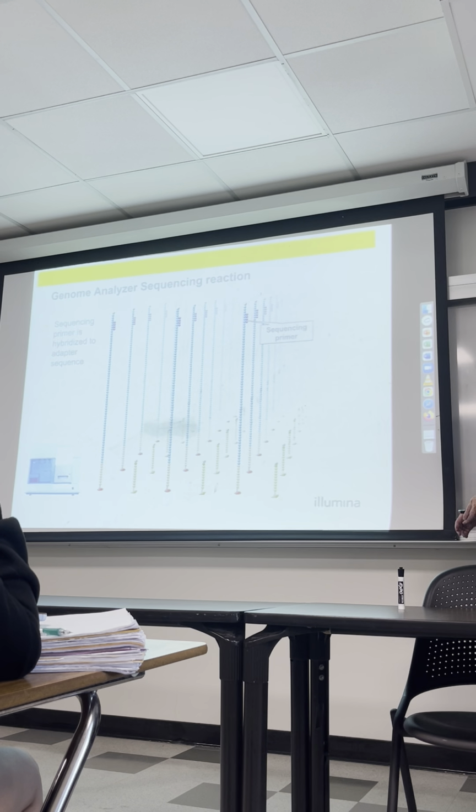Now, the strong point is every single one of these is exactly the same sequence. So you're not trying to sequence multiple different things in a small area. Everything in one of those tiny little dot areas is exactly the same sequence.